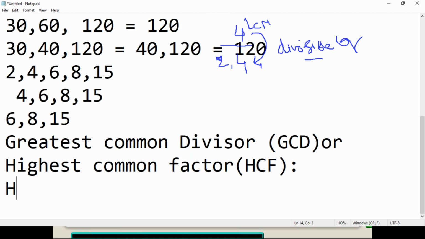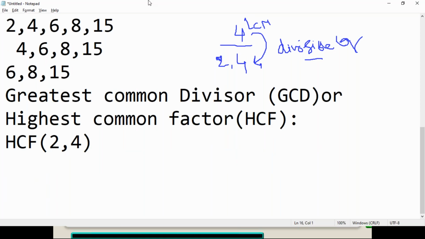Okay, first of all, you have to find the GCD of 2, 4. This is the way you have to go with the GCD. 2 is the smaller number and 4 is the larger number. So, division method: 2 2s are 4. This process continues until the remainder is 0.